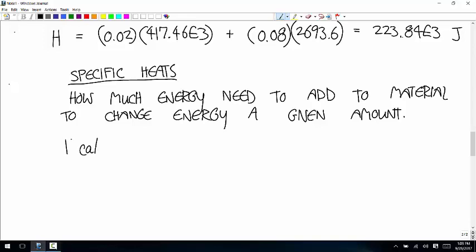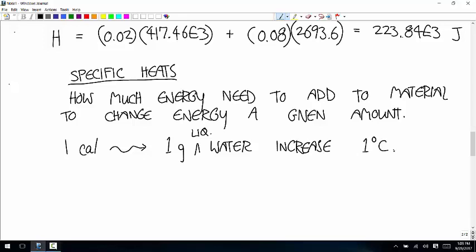Good job. 1 calorie makes 1 gram of liquid water increase in temperature 1 degree Celsius. That's the idea, to change the temperature a given amount.